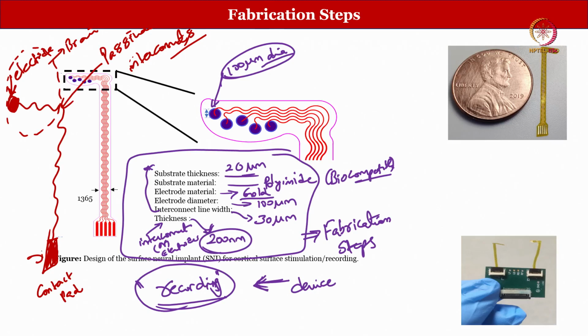And what about the contact pad? Should I expose the contact? When I say expose, I mean should I make it available, or should I passivate it with something? The entire interconnection, we have to passivate, and the contact pad is to be exposed, meaning that contact needs to be available. Why? Because, as I told you already, the FPC connector has 5 contact pads and this pad should touch the pad of this.